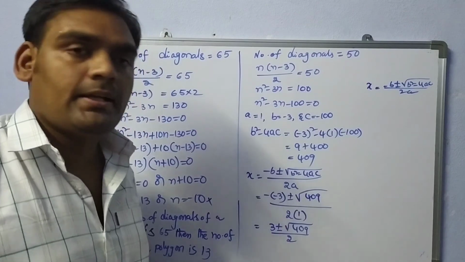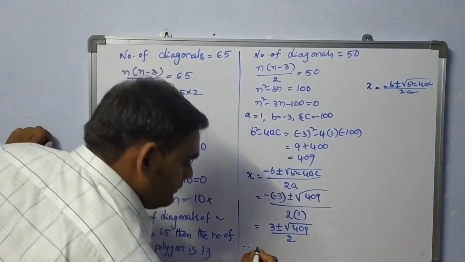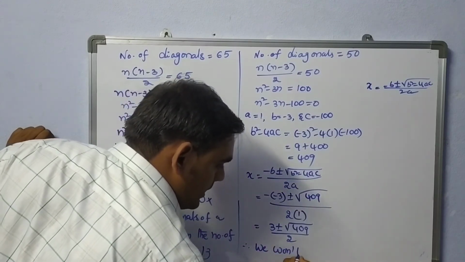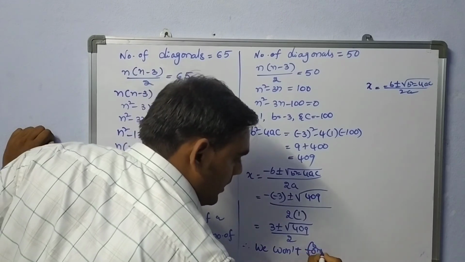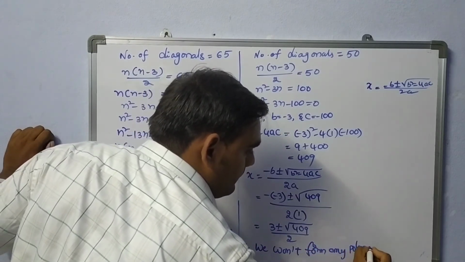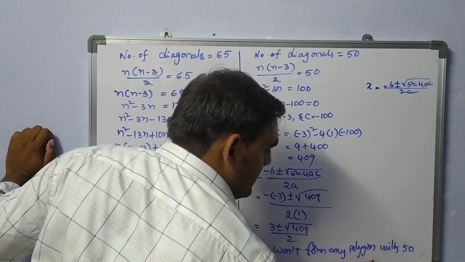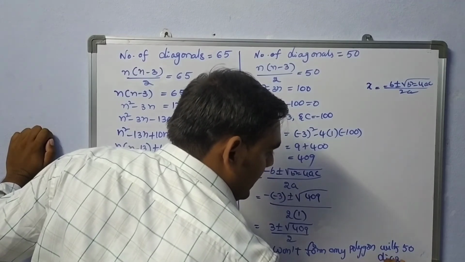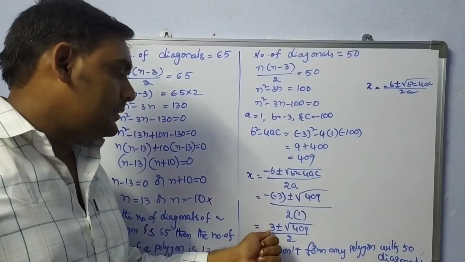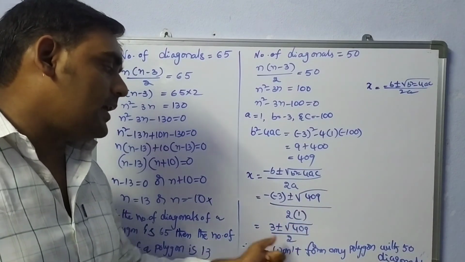Therefore, in this problem, we won't form any polygon with 50 diagonals, because here we got the values 3 plus square root of 409 by 2 and 3 minus square root of 409 by 2.